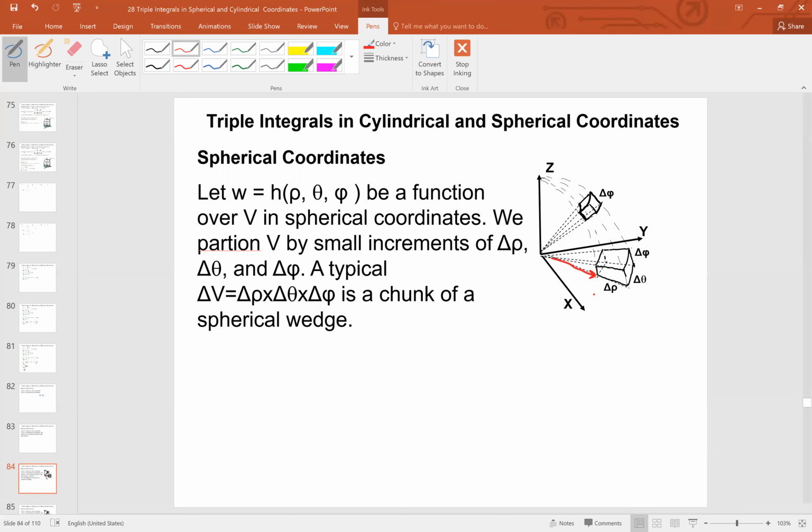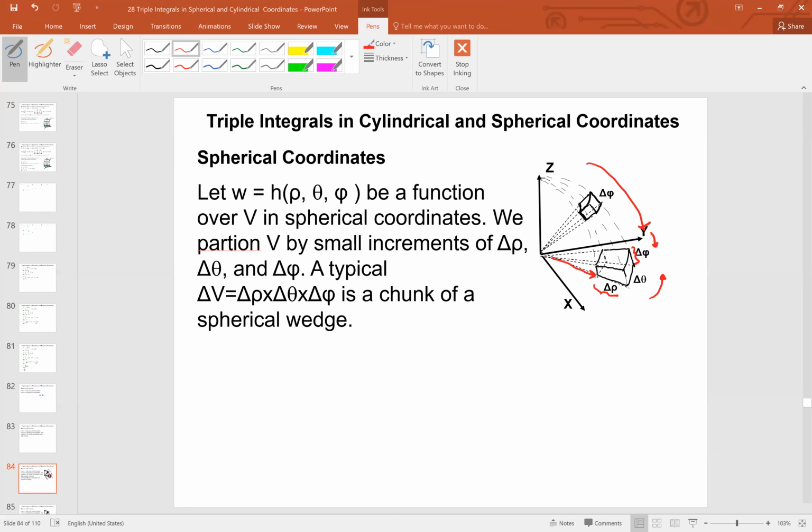Here the rho goes outside, and suppose I extend the rho a little bit by d rho, and I'm going to swing and let theta change by delta theta, d theta, and then my tilt angle I'm going to change from here downward by plus delta phi like that.